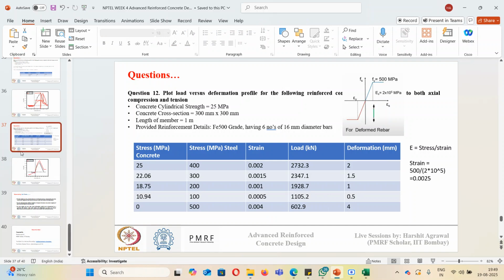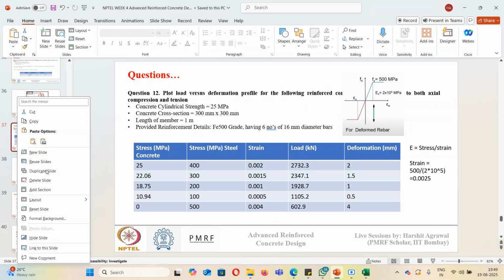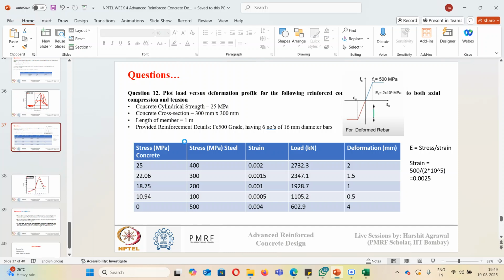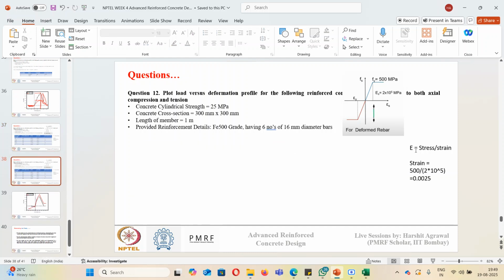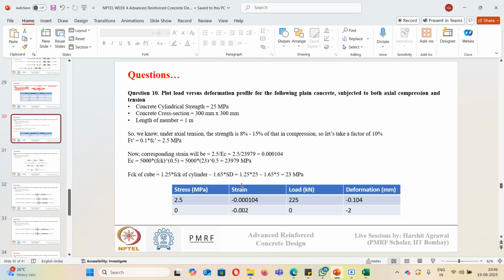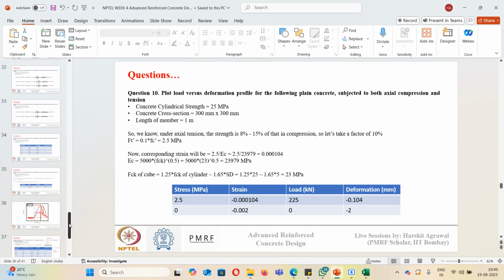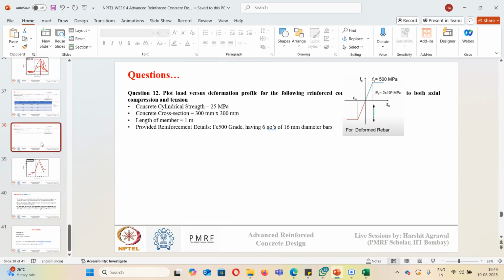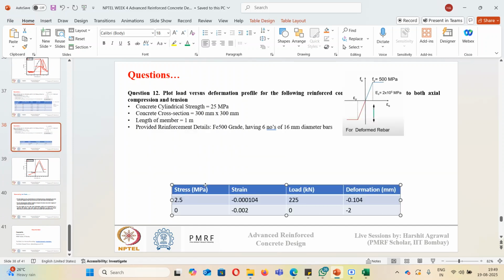So in tension again, we'll copy the table from the previous question, question number 10, and we'll see what the contribution of steel there is. So this thing for concrete will remain the same for us. This won't change. The change will only happen due to the addition of steel.